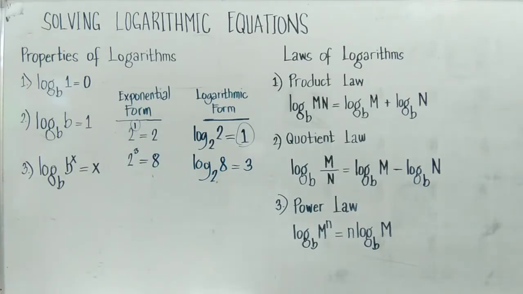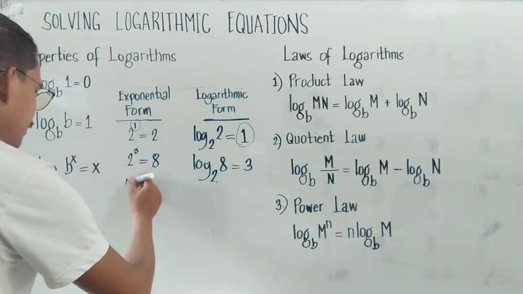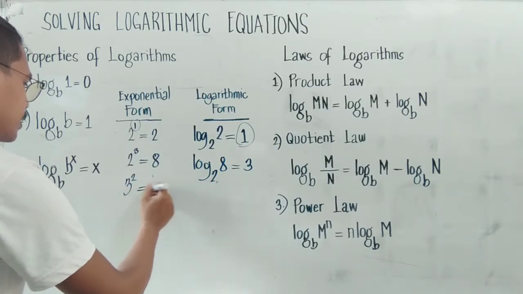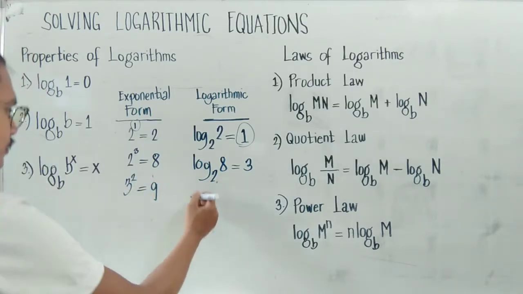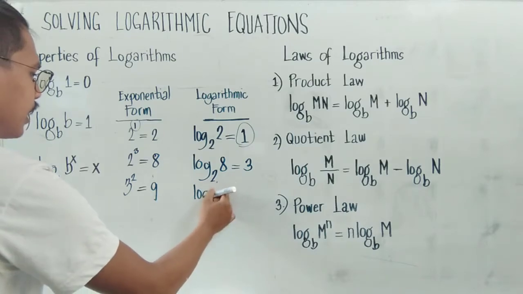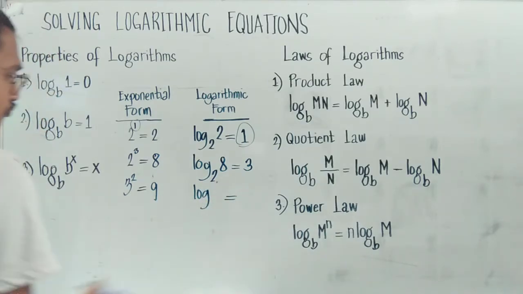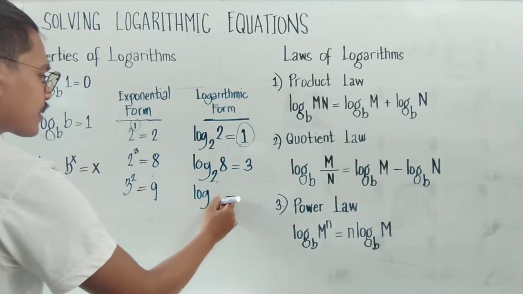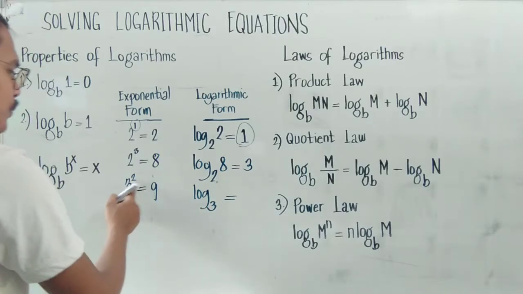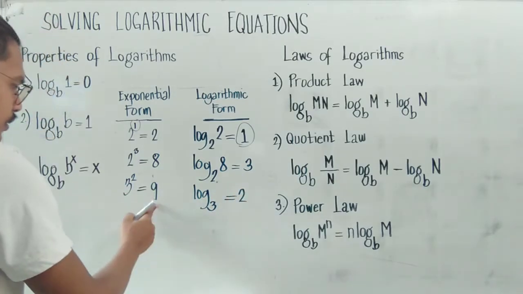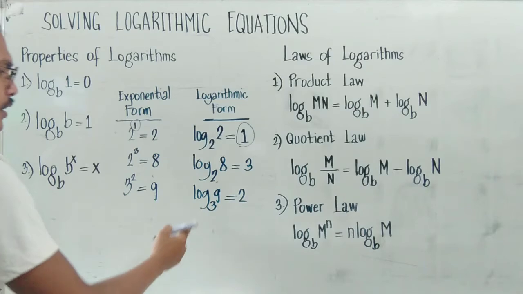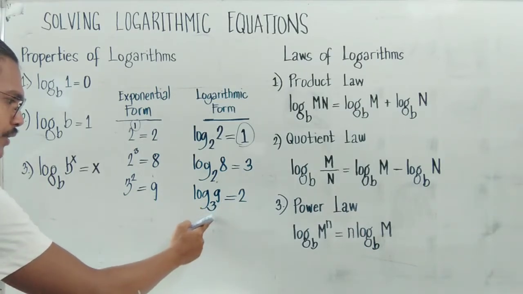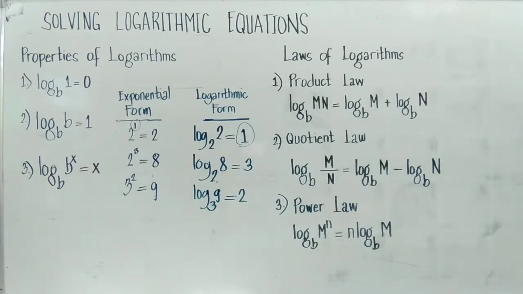Another example, we have 3 squared. Of course, 3 squared is 9, and that will be log of 9 base 3 equals 2, where the base is 3, the exponent is 2, and what remains is 9.